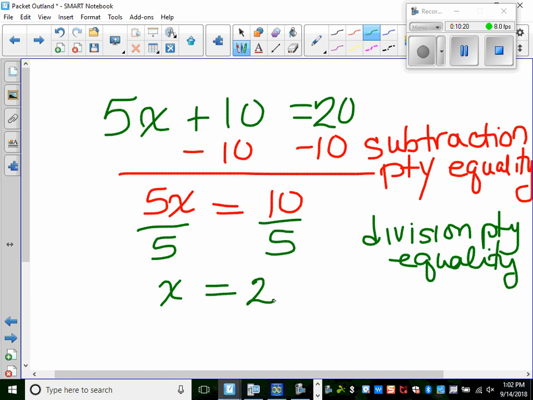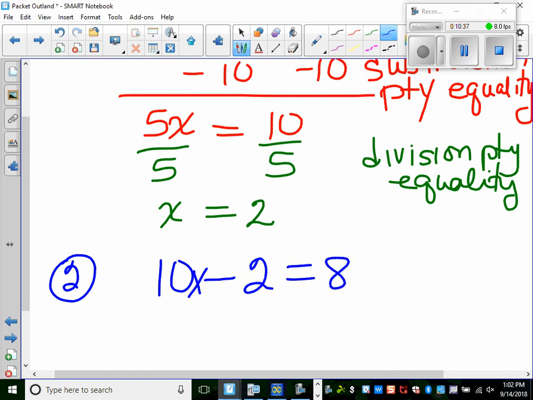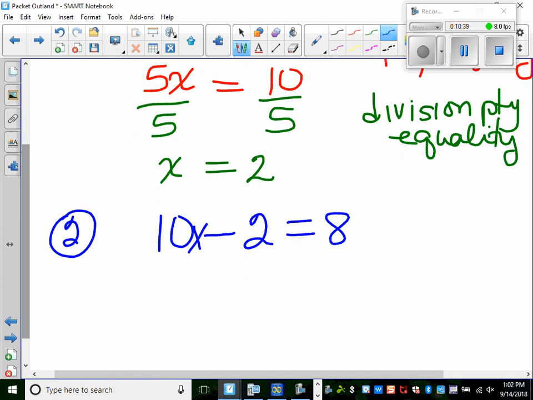So let's say we had another one. So I'll call this example 2 for this one. And let's make that 10x. Let's say we had 10x minus 2 equals 8. So this time I will add 2 to both sides.